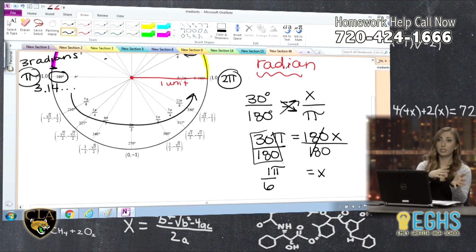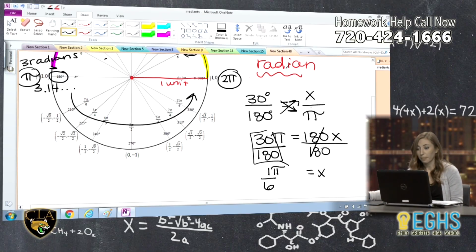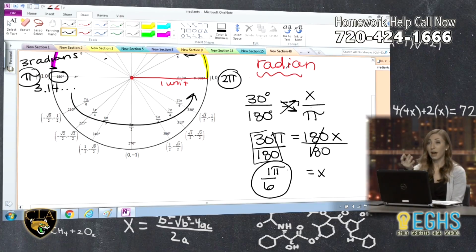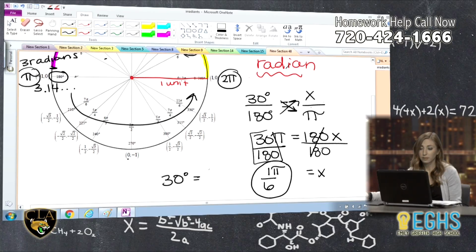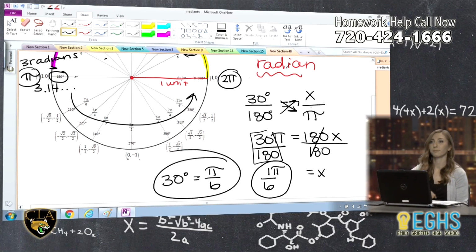Because 30 degrees is 1/6 of 180 degrees, our radian measure is going to be pi divided by 6. So 30 degrees is pi/6 radians. There's our answer. So that was a little bit of trigonometry. If you understood that, you're doing pretty good on the trig front.